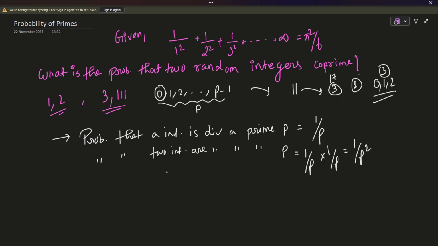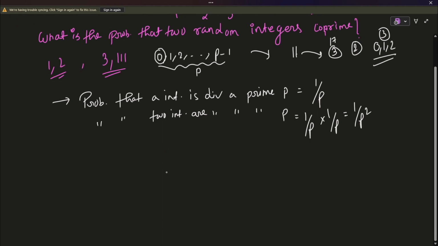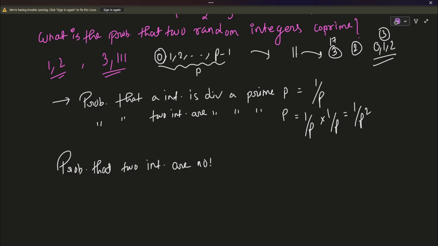Then, the probability that two randomly taken integers are not simultaneously divisible: one of them can be divisible by p but the other will not be, or both of them are not. That is the complementary case.